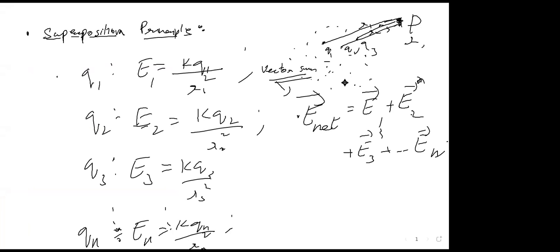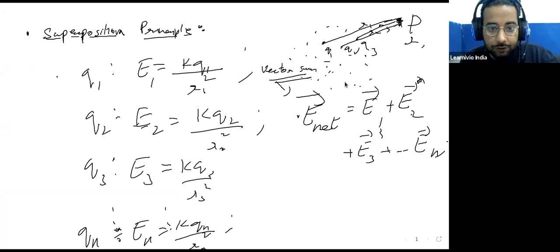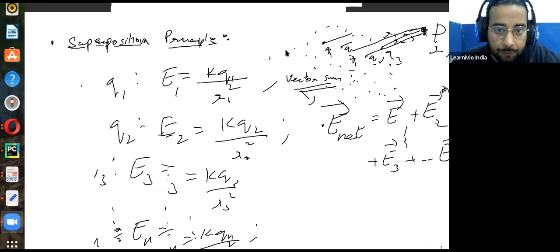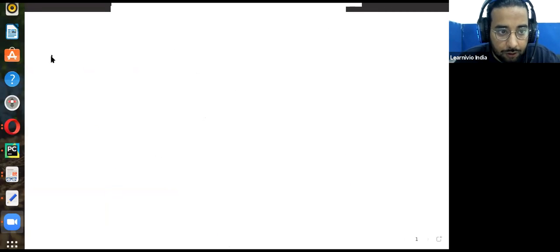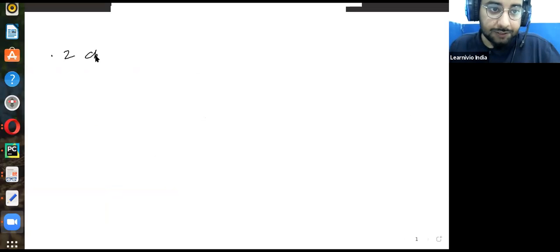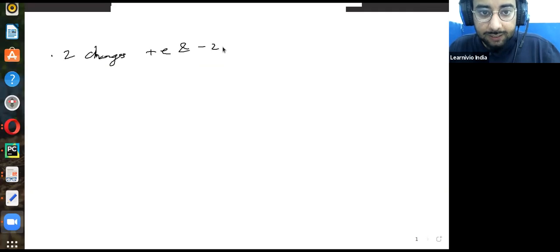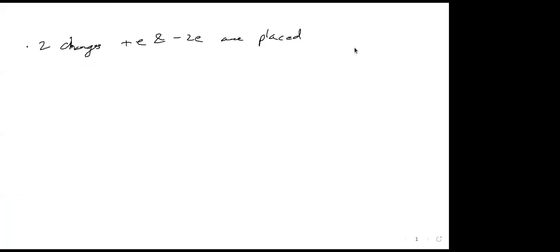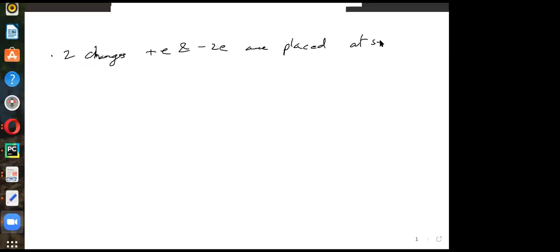Okay, so let's do a couple of problems based on this exact same thing. The first question: you have two charges, plus e and minus 2e, which are placed at a separation.